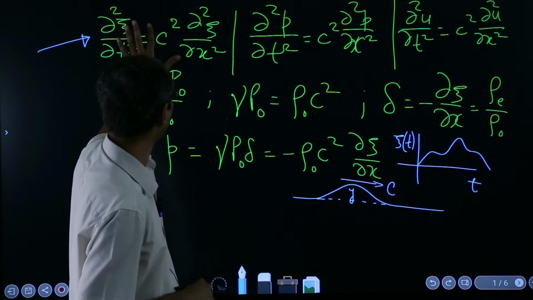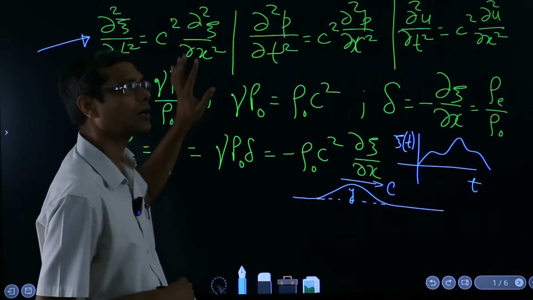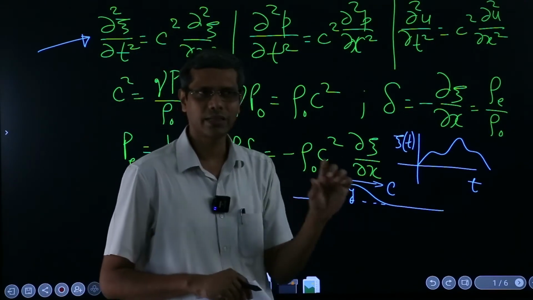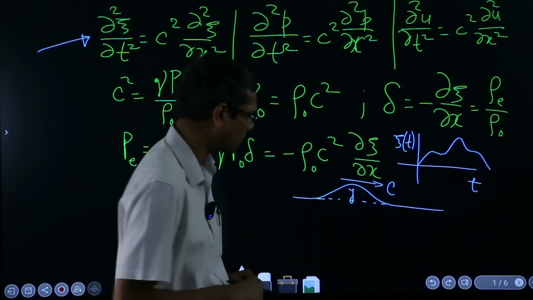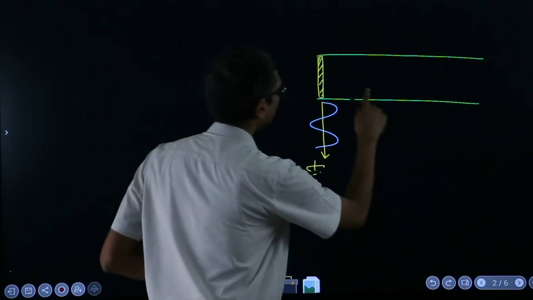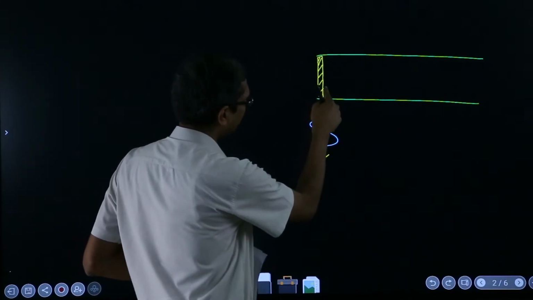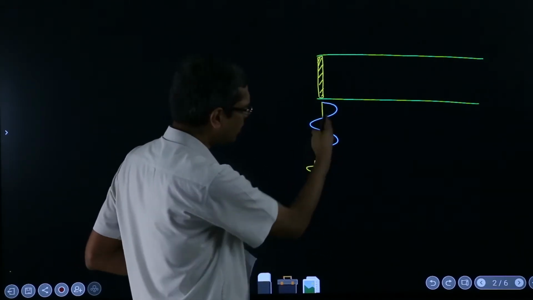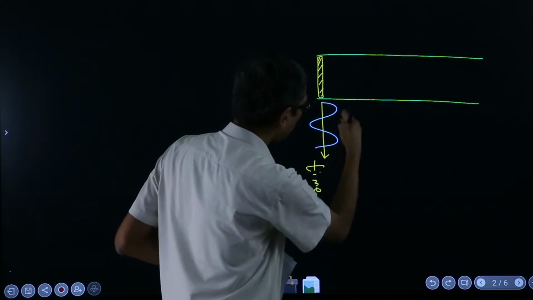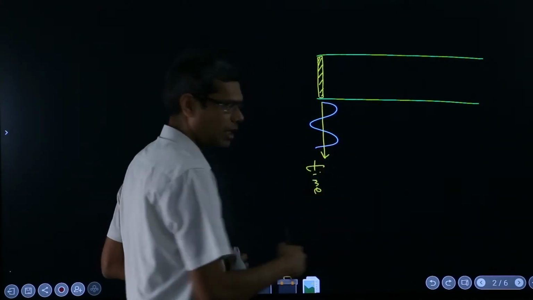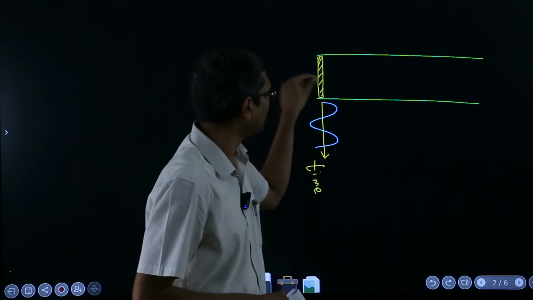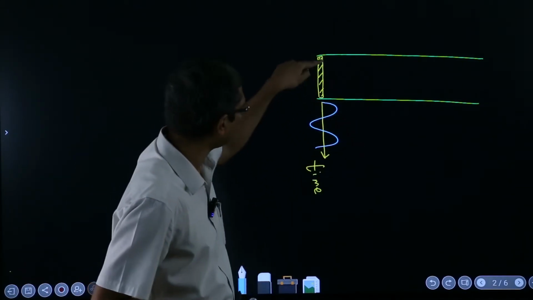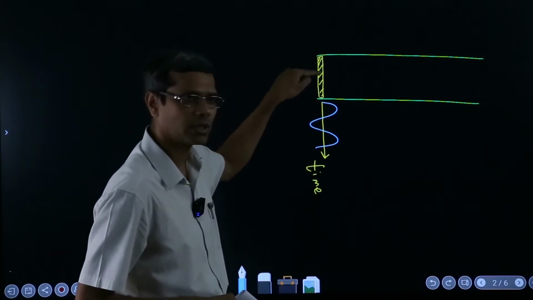That means you should try to visualize how these displacements are in the air column in the tube. Here I have drawn a sinusoidal oscillation of the piston, but it need not be sinusoidal. Any form you give to this shape, think about the particles which are connected to the piston.